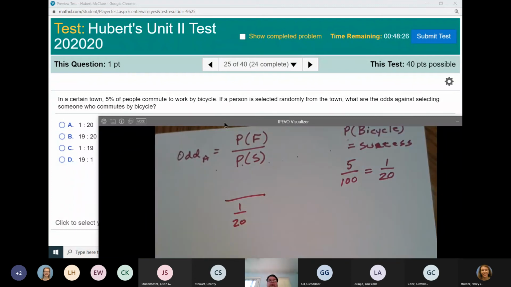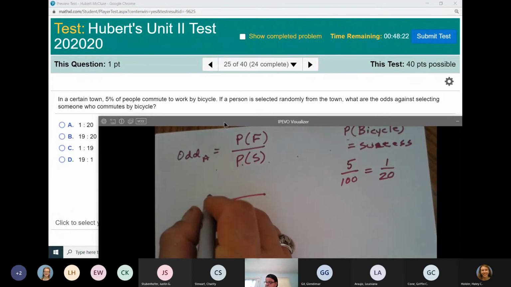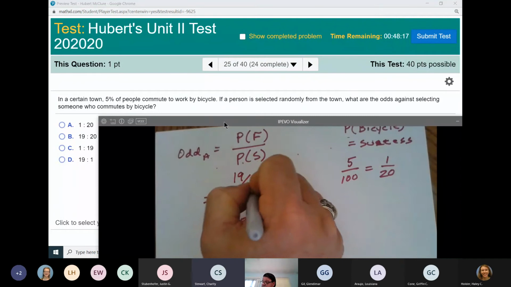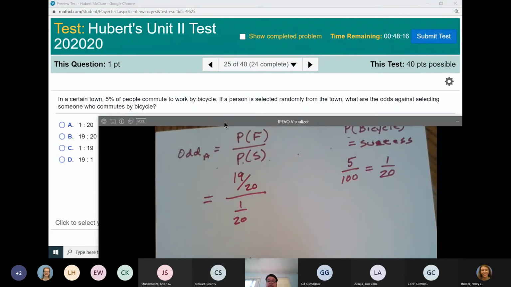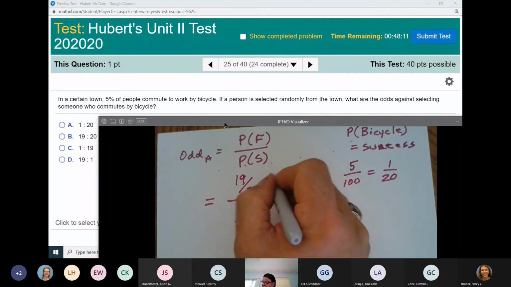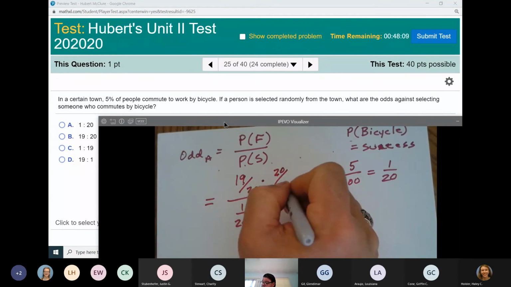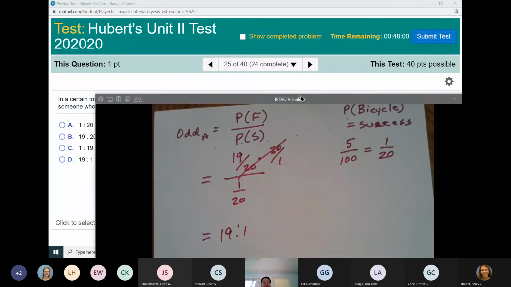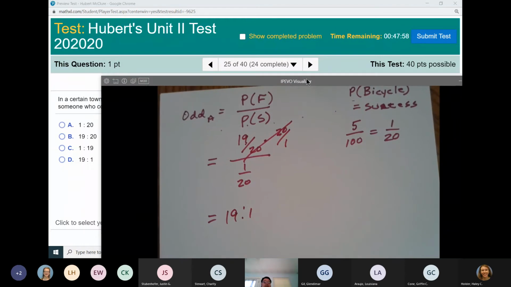And what's the complement of 1 over 20? 19 over 20. Leave it as a fraction so it's easy to calculate. When you divide a fraction by a fraction, you multiply by the reciprocal, and you're left with 19 to 1. Delta.